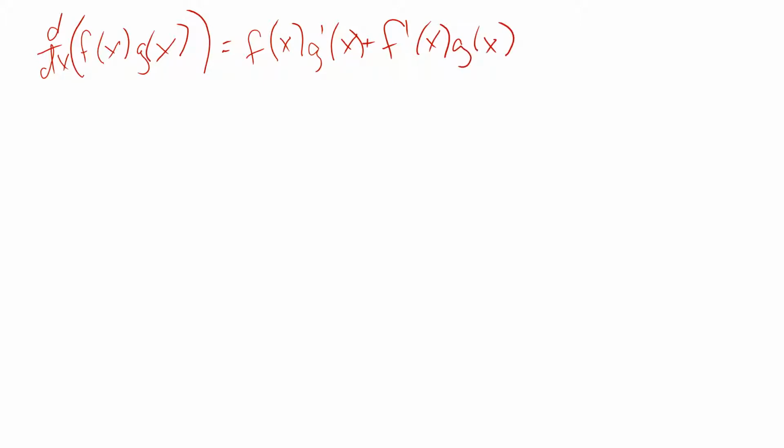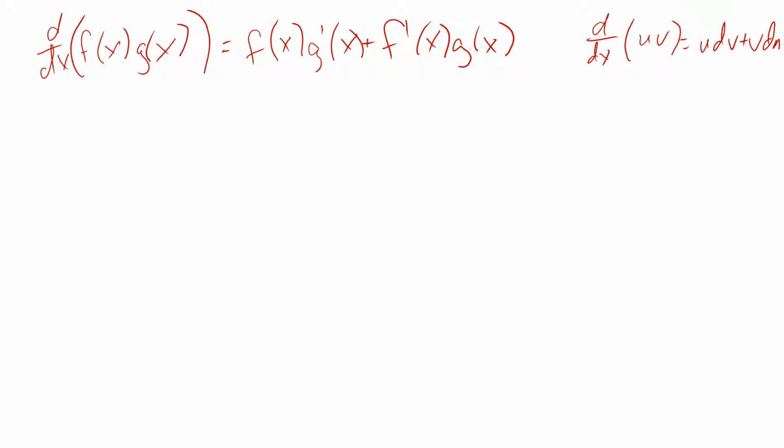Or if we take the derivative of uv, we get u dv plus v du. So that's the product rule. That's with finding the derivative.